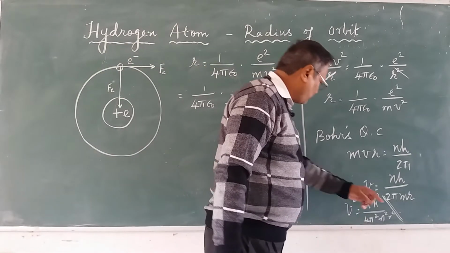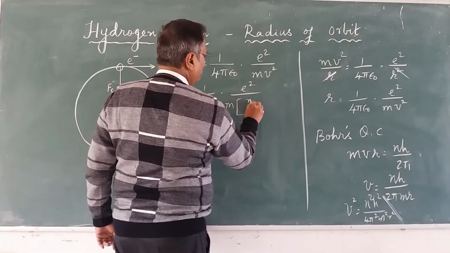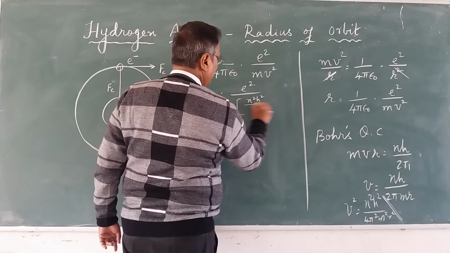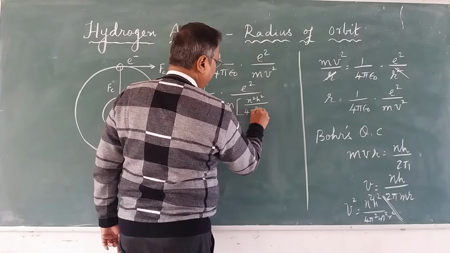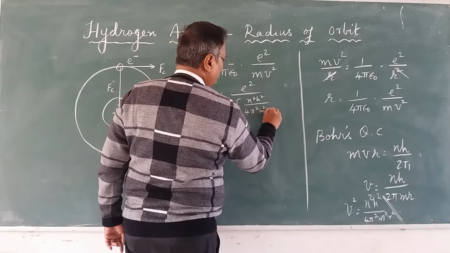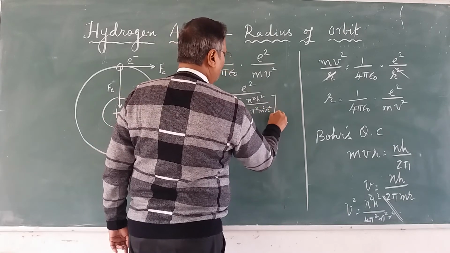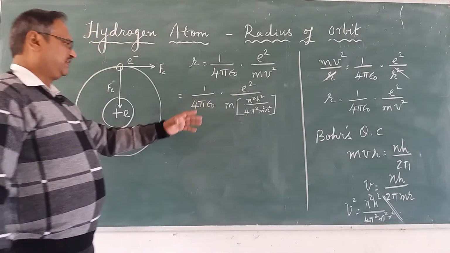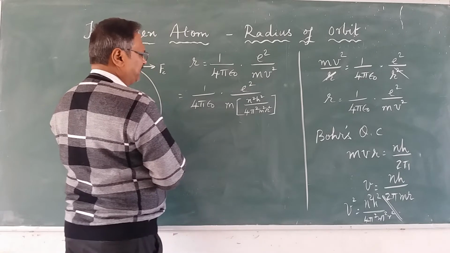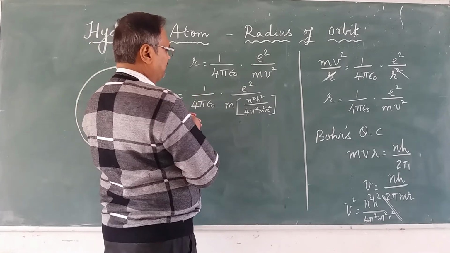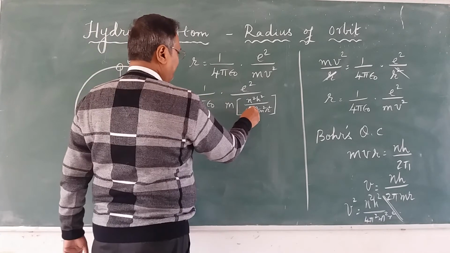I am going to take this value, which is n square h square upon 4 pi square m square r square. Okay, so I have taken all these factors here. After this point, I can simply try to cancel out the factors which are possible, right?